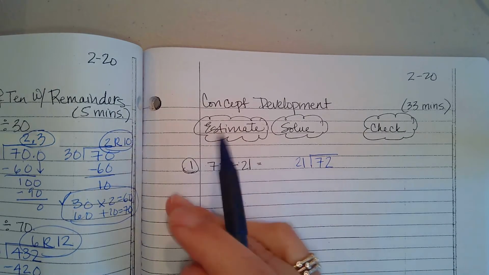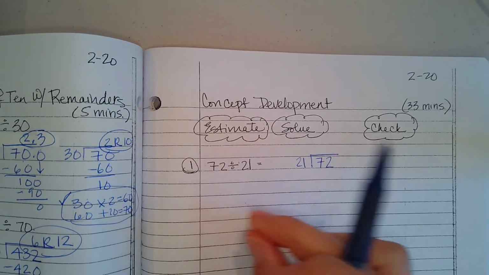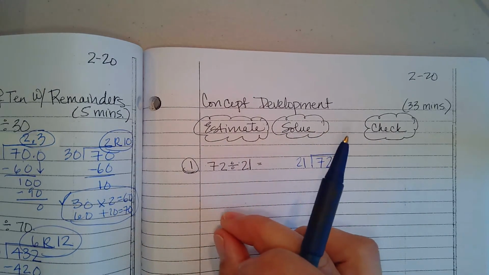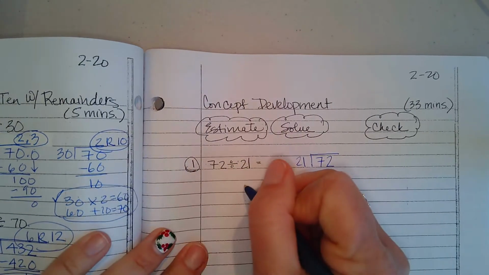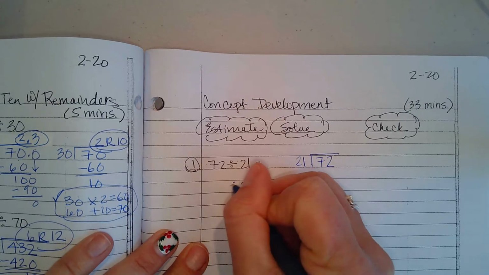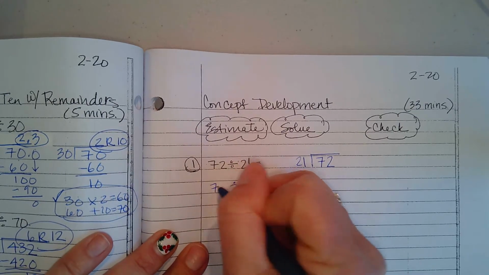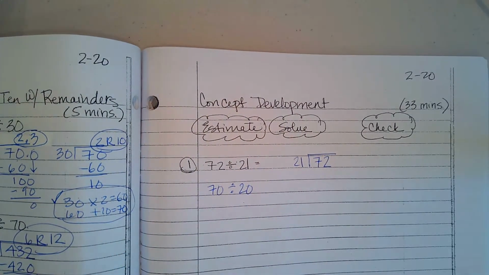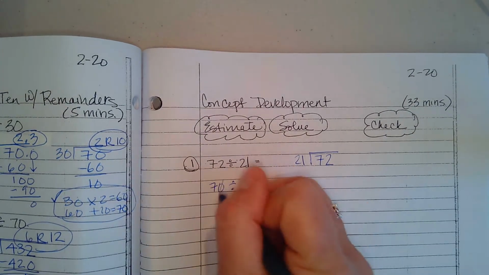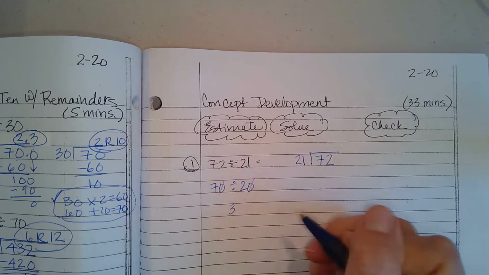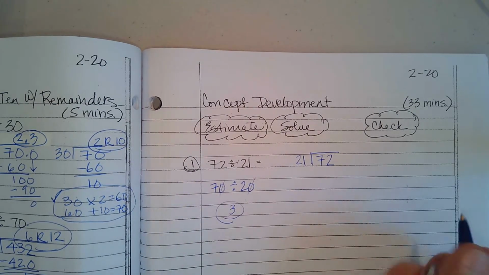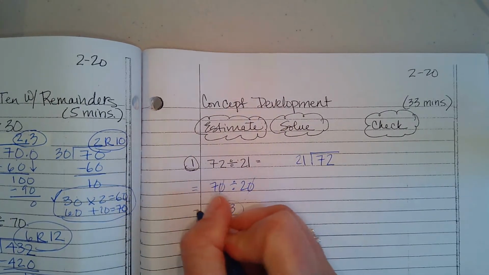By estimating, it's doing that trial: 2 times how many, 20, 21. 21 is close to 20, right? And 72 is close to 70. So if I cross this out, 2 will go into 7 closest 3 times, and that'll get us close to 6, right?